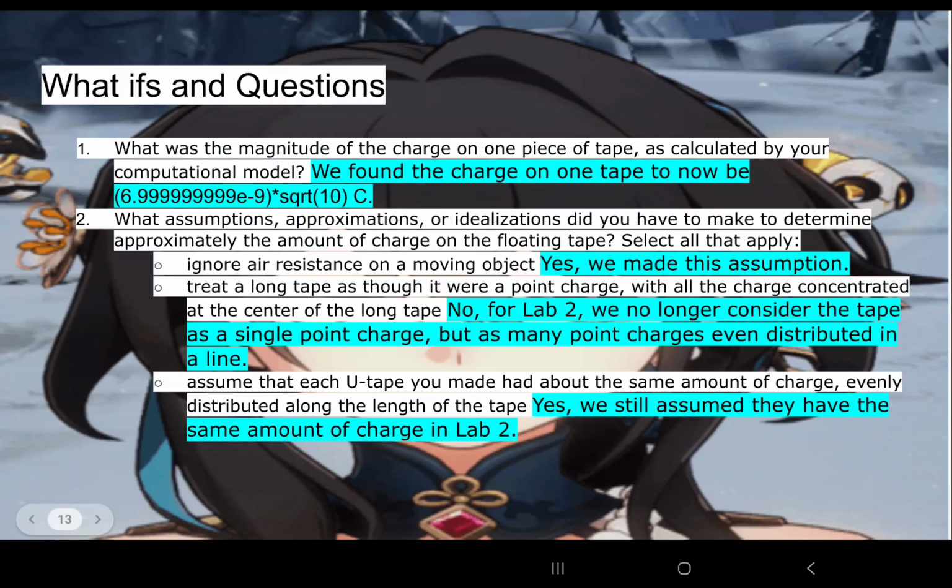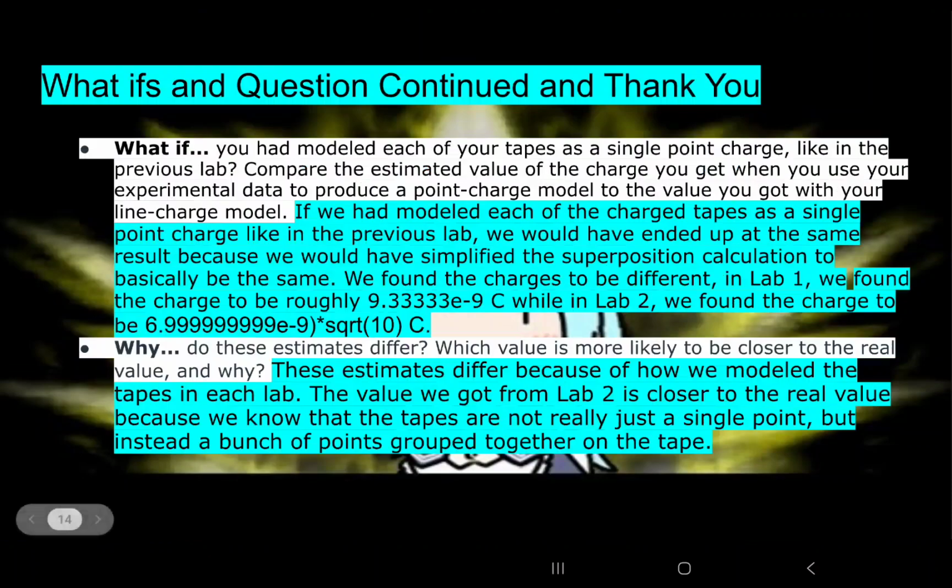For our magnitude on one tape, we found 6.9e-9 times the square root of 10 coulombs, and we did ignore air resistance. We no longer consider the tape to be a single point charge for Lab 2, but as many point charges evenly distributed in a line. And we still assume that the tapes have the same amount of charge.